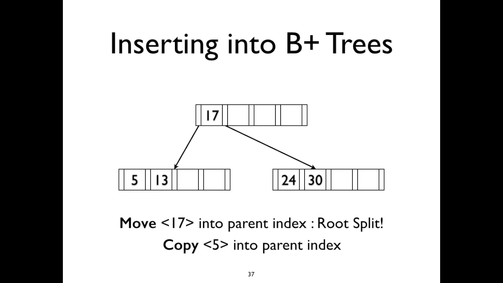So how many pointers are there in a non-leaf node? There's the one left of 5, the one to the right of 5, the one to the right of the 13, the one to the right of the next spot there, the small little blocks. How many pointers do I have? 5. Why do I need 5 when I have 4 keys?